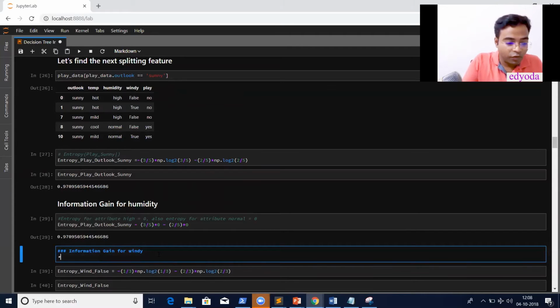How many false are there? 3 false, and in those 3 false, 1 positive, 2 negative.